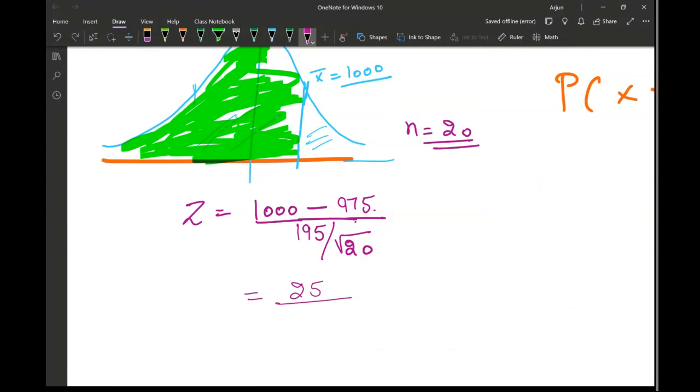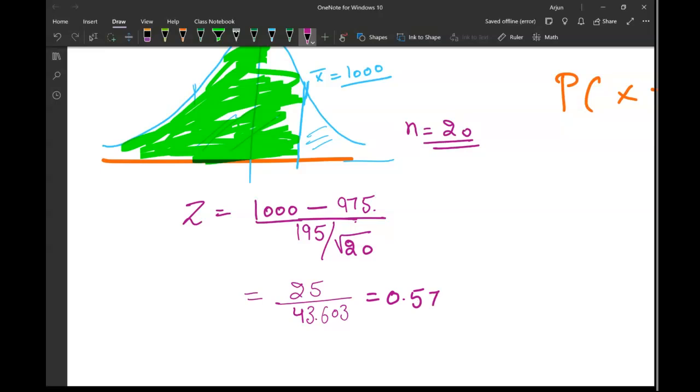One second, guys, let me quickly open my calculator. 195 divided by the square root of 20 is 43.603. I can put it here. Then 25 divided by 43.603 comes out to be a z value of 0.57.